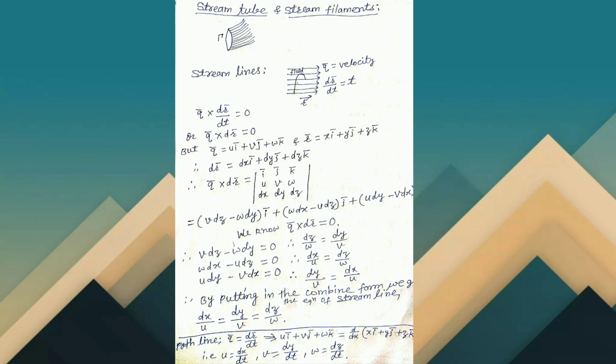The tangent to the streamline gives the direction of velocities of fluid particles at various points at a given time, while the tangent to the path line gives the direction of velocities of a given fluid particle at various times.